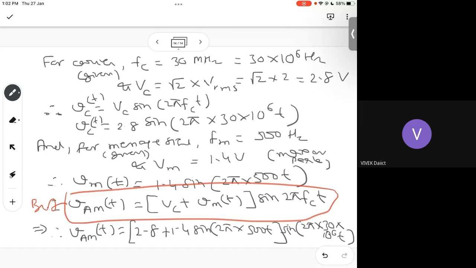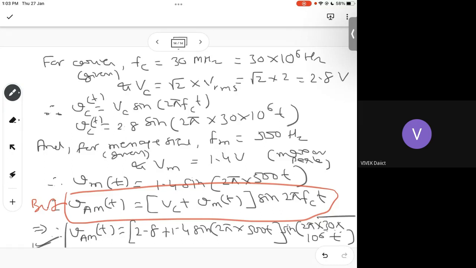So that is one. Now you can further solve it. 2 pi into 500, you can put 1000 pi, and this also 2 pi into 30 into 10 to the power 6. So this is my expression which we got, and this is the solution for that.